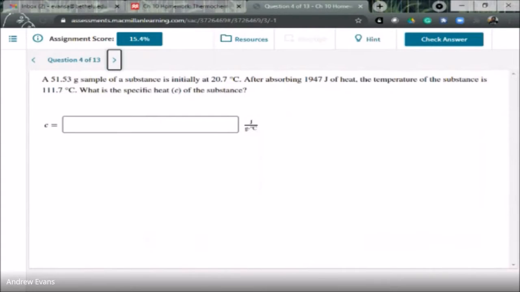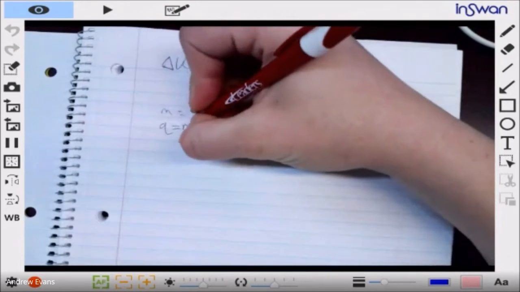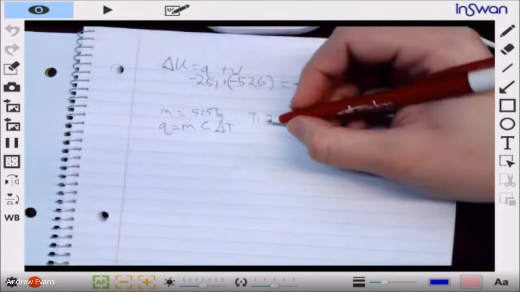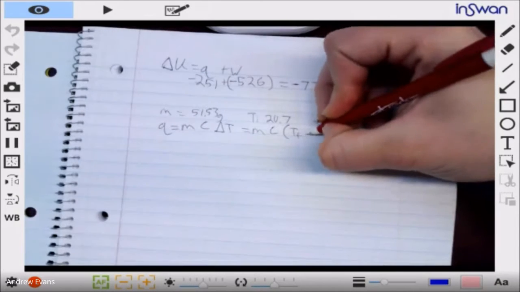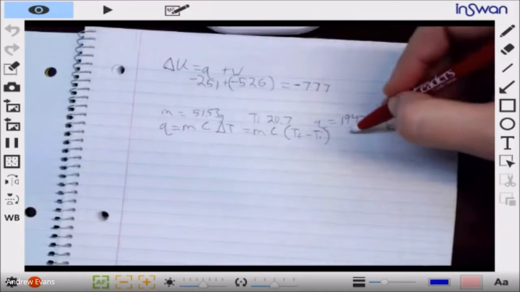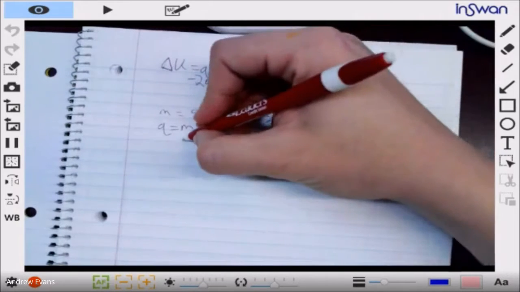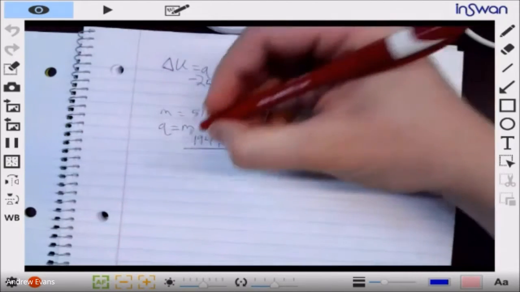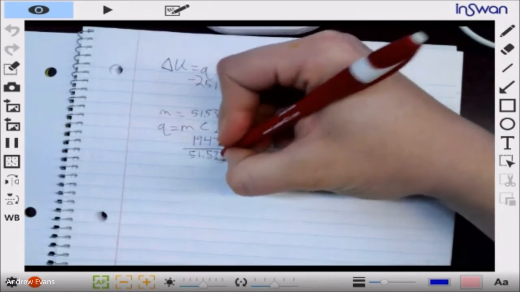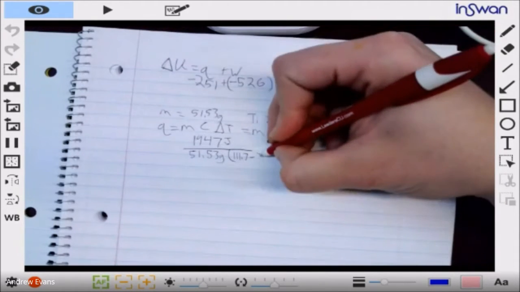So this is just a rearrangement of an equation. This is why we ask you to go through pre-calc so that you can understand that this equation, Q equals MC delta T. So rearranging that, Q equals MC (TF minus TI), we are solving for our capital C. So we're going to take our Q, which is 1947 joules, and divide by our mass, which is 51.53, and our delta T, which is the difference between 111.7 and 20.7.